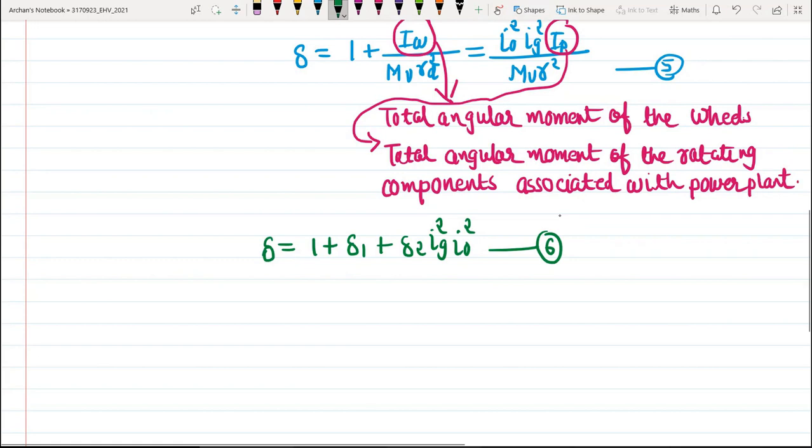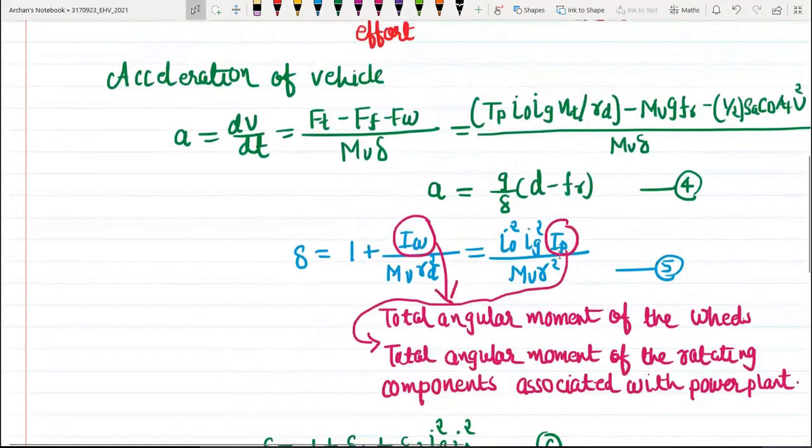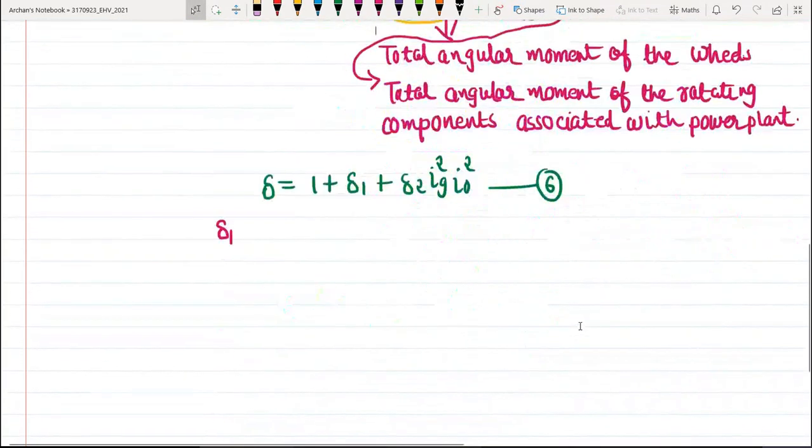So here I have these two terms, delta 1 and delta 2. Okay, so this delta 1 represents the second term on the right hand side of equation number 5. Okay, so I am talking about this term, IW upon MV RD square. Okay, so this is the delta 1.